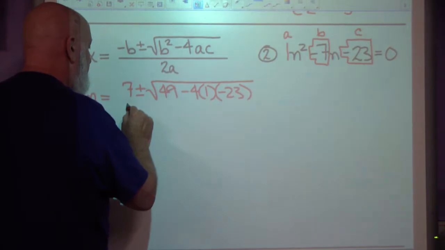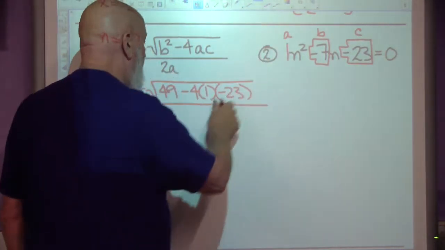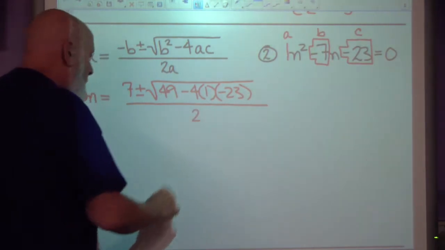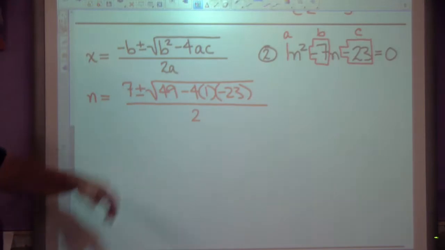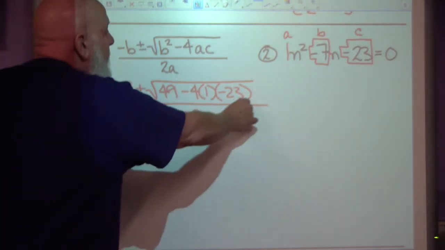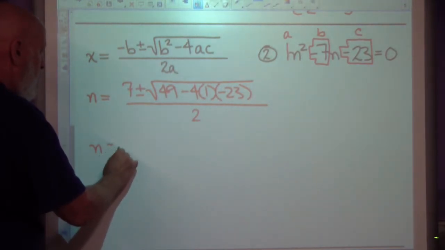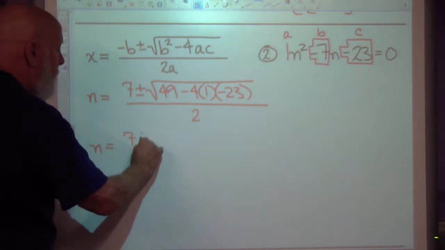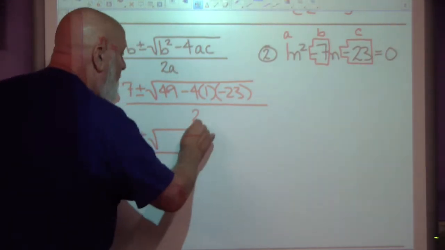All of this divided by 2 times a, which is 2 times 1, which is just 2. Excuse me. Now I'm going to try to do this with my calculator. First thing I'm going to do is simplify underneath the radical. 7 plus or minus the square root over 2.